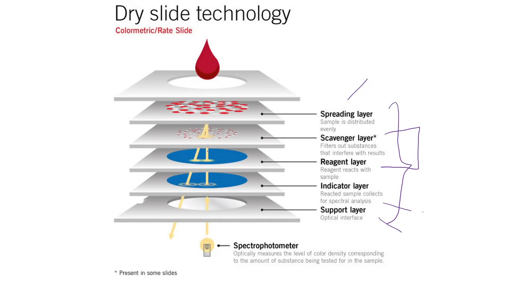Na kumbaga, mura siyang mag-serve as monochromator. It could actually serve as your exit slit na para dili makasulod ang other na wavelengths or other na wavelength of light. So that is the purpose of your support layer.